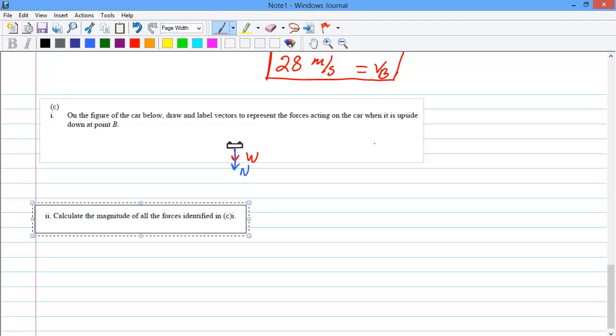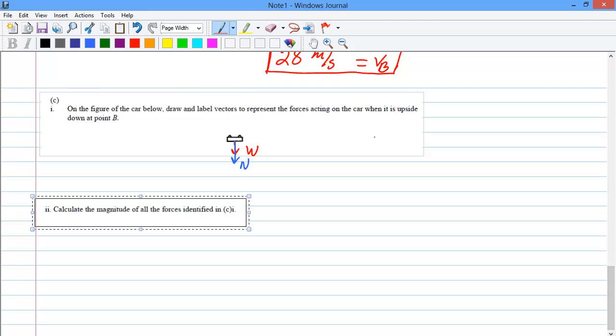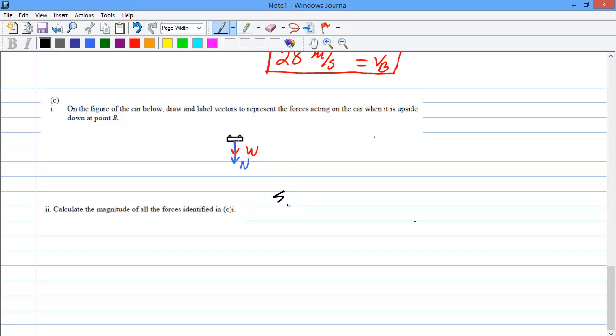So now we want to calculate the magnitude of all the forces identified in part C. Well, when we do a summation of forces, if we make this y and this way x, X doesn't really matter, but we probably want y to be on the bottom because both our forces are going downward.